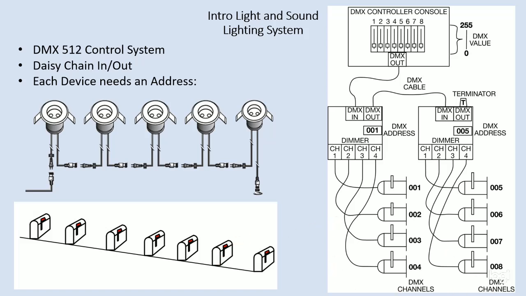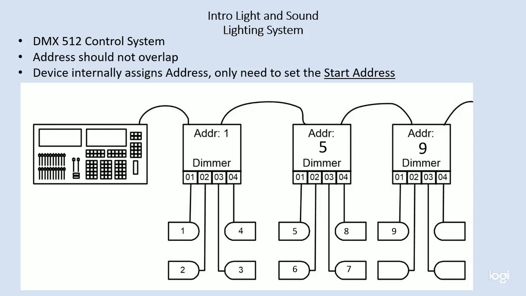Now DMX is a little more sophisticated than the post office, right? Our first dimmer, we can look at our first dimmer is now addressed to 1. That's going to be 1, 2, 3, and 4. Light 1, 2, 3, and 4. Our second will be addressed to 5. So this first dimmer would correspond to 5. Our second dimmer to 6. Our third dimmer to 7. Our fourth dimmer in this pack to 8.